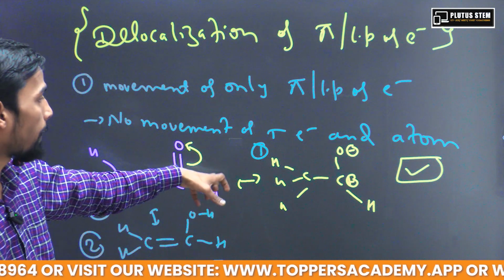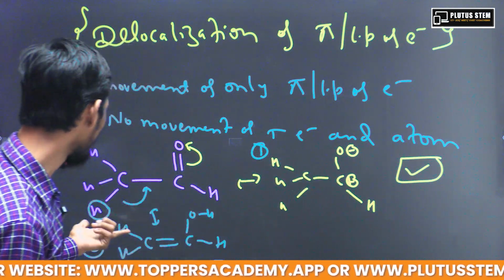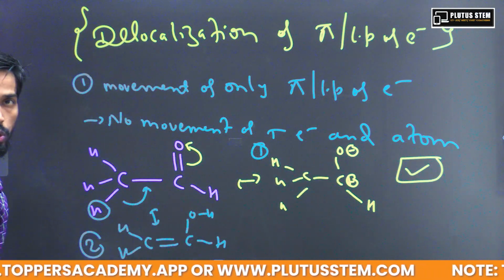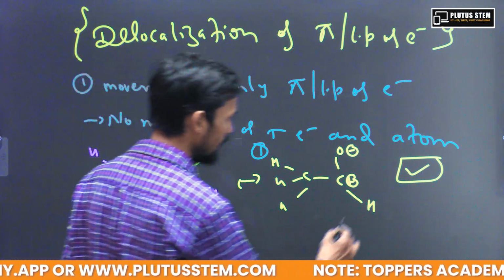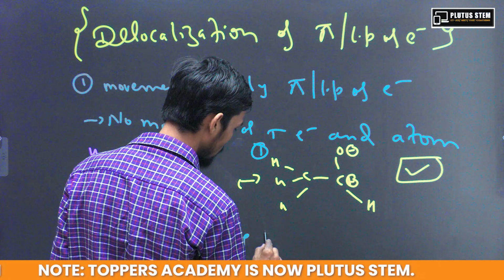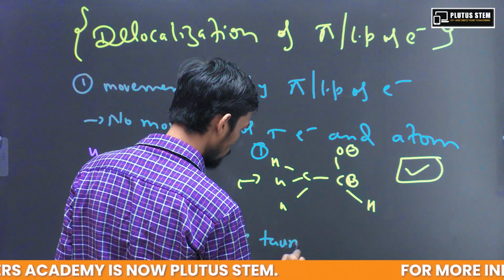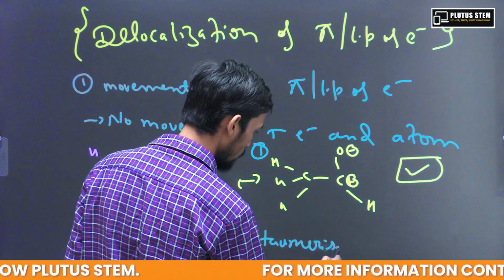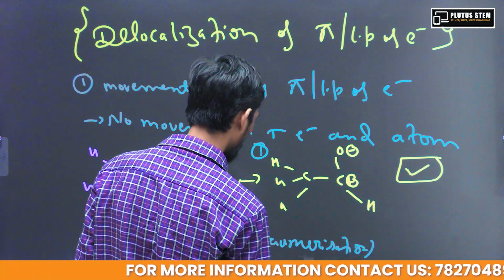Only the movement of pi electron takes place, but in this case, the movement of atom also takes place. So this phenomenon is resonance, but this phenomenon is not resonance, it is tautomerization.